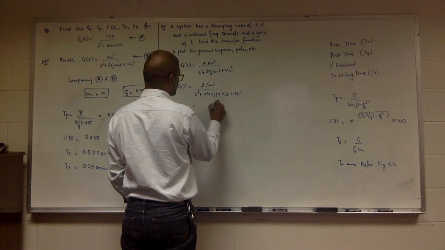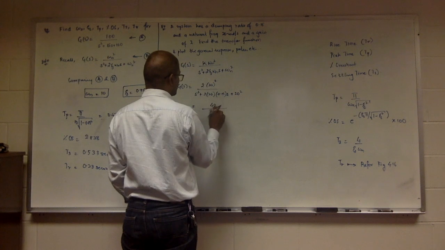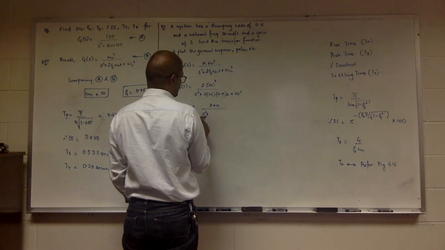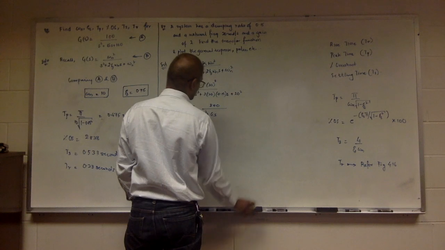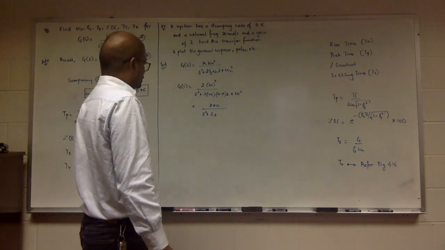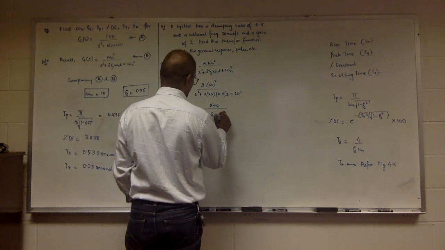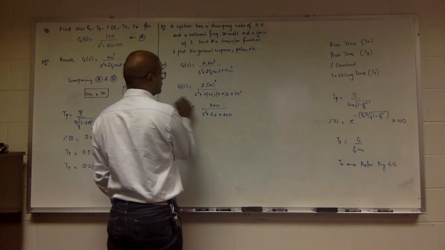This will be 800 over s squared plus 6s plus 400. This is the system.